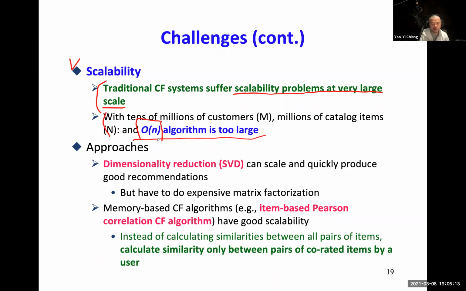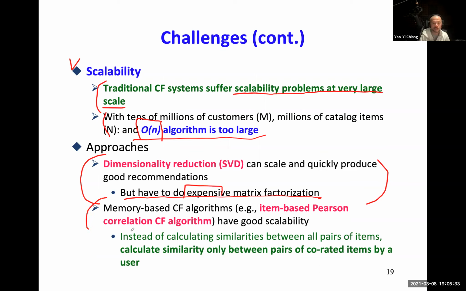Finding similar users or similar items becomes a problem. Dimension reduction could be useful because you will be able to reduce that utility matrix into a small one. But sometimes it's difficult to do because it's expensive to do dimension reduction.